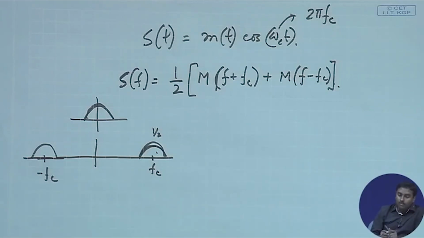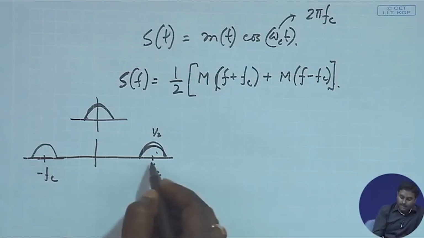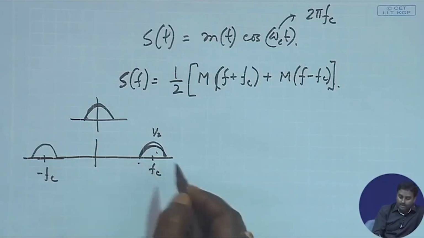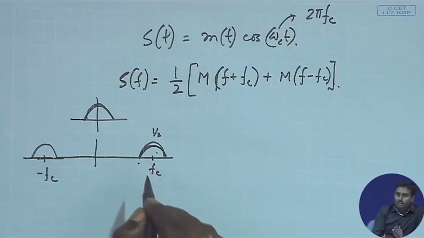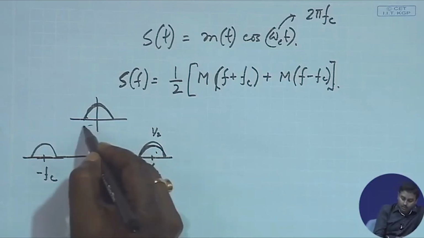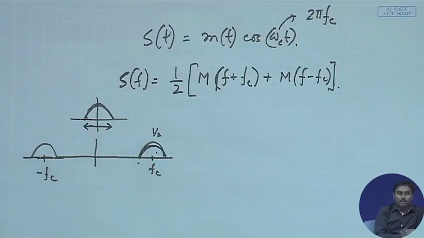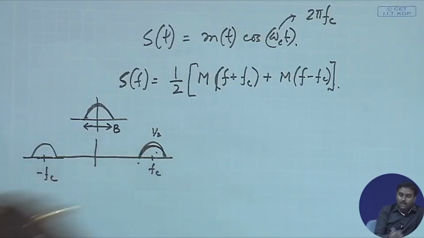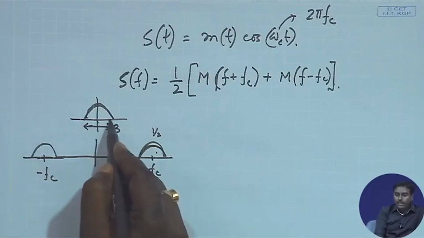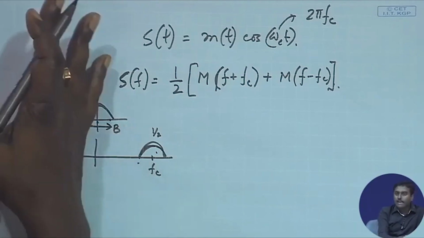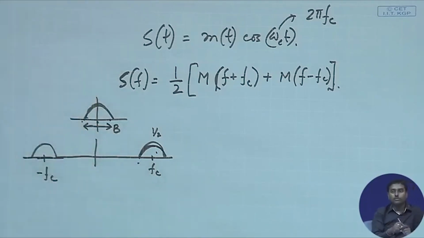So, whenever I modulate, there are two things which are happening. What was the bandwidth of this signal? The bandwidth was up to B. The overall spectrum is 0 to B and 0 to minus B, but the negative half I can ignore to define bandwidth.